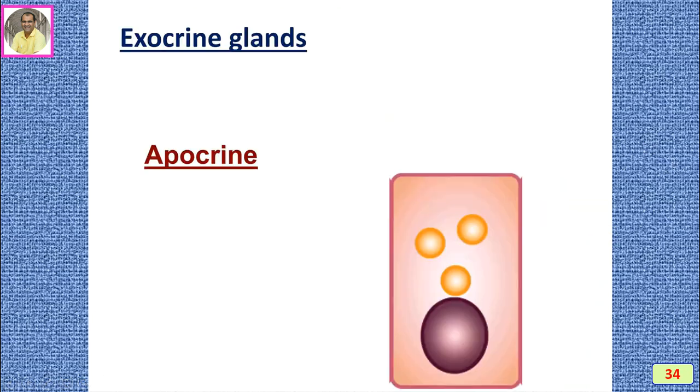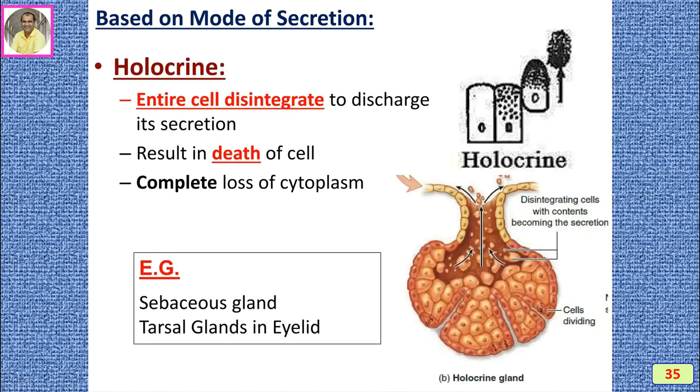Then the apocrine glands, the holocrine. So entire cell disintegrates to discharge itself. So this results in the death of a particular cells.